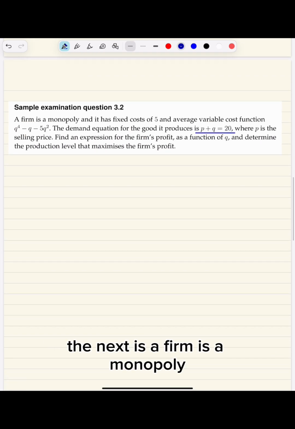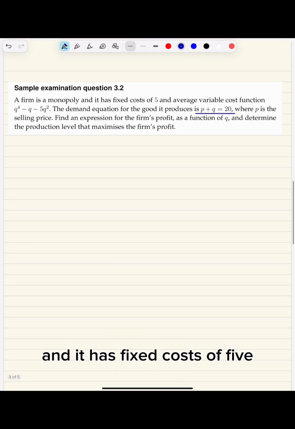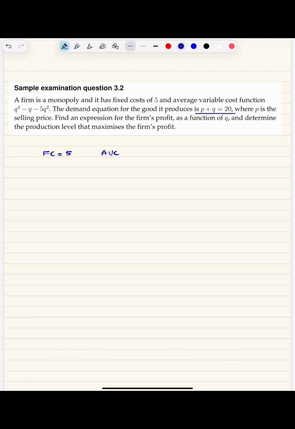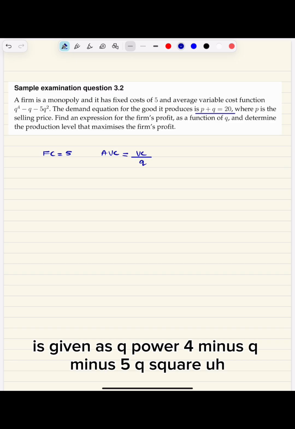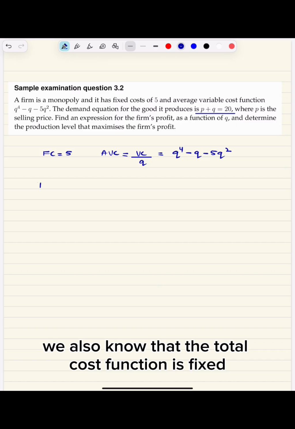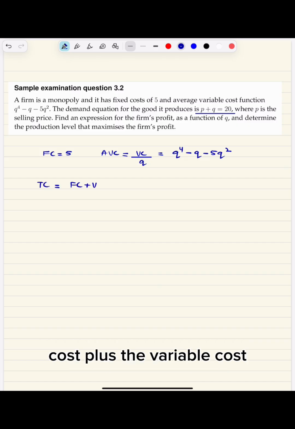The next is a firm is a monopoly and it has fixed costs of 5. The average variable cost, which we know is variable cost over quantity, is given as Q to the power 4 minus Q minus 5Q squared. We also know that the total cost function is fixed cost plus the variable cost.